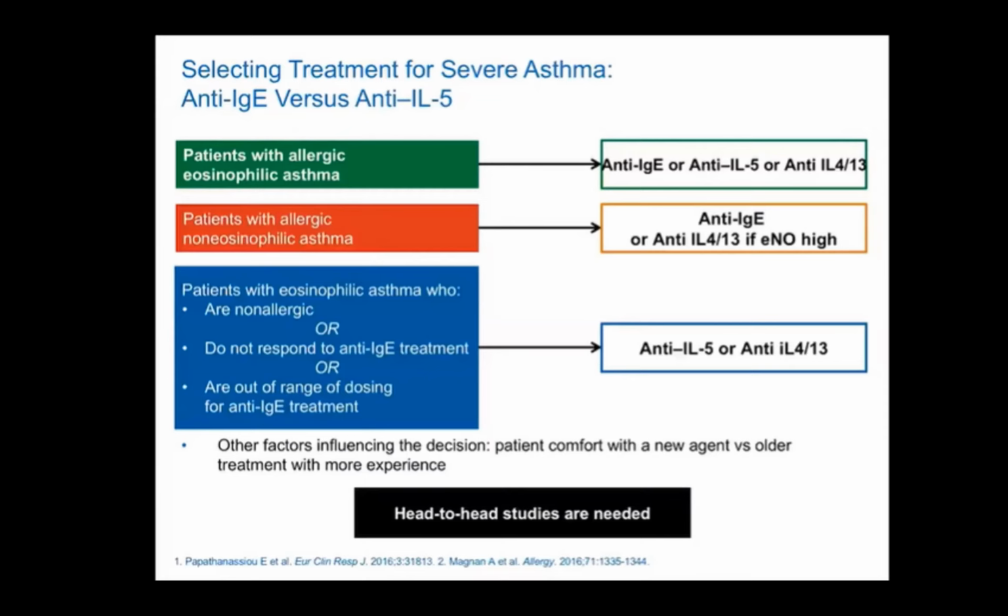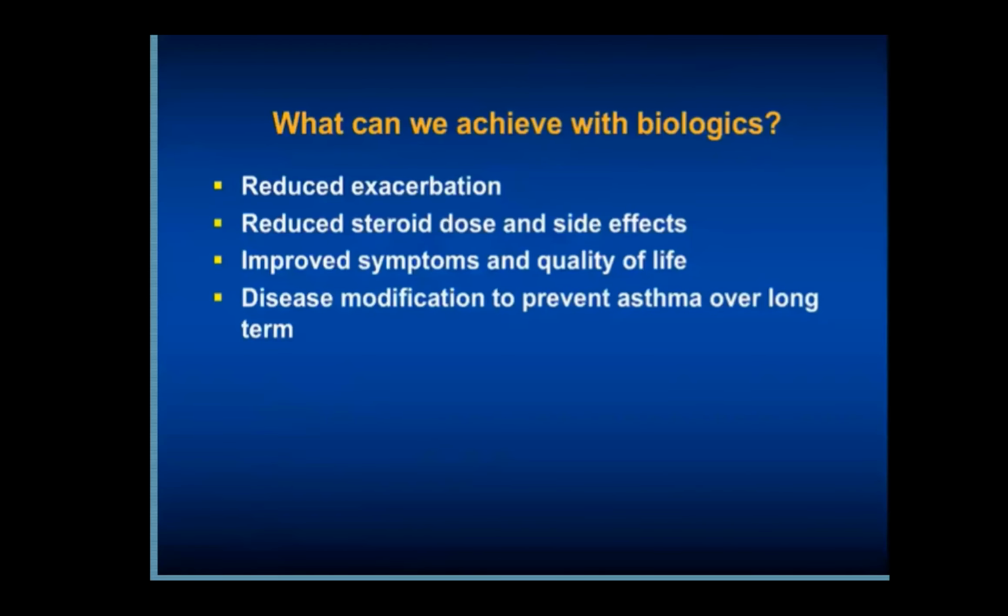So it's pretty straightforward. What I want you to think about with these drugs is that when you have your sick patients, please consider them for these biologics because they work so well. What do they do? Well, they reduce exacerbations is their big effect. And by reducing exacerbations, your patient's not winding up in the hospital, in the ER, and not winding up on prednisone so much.